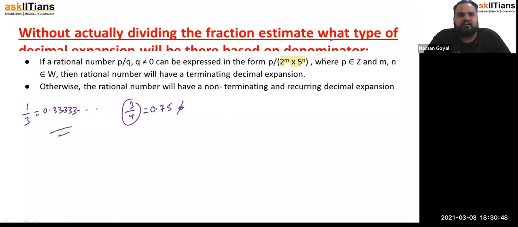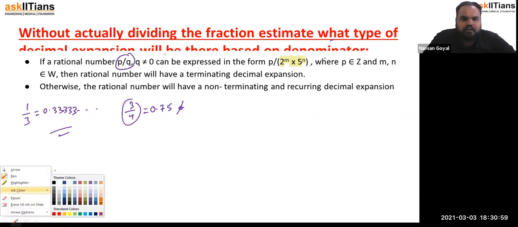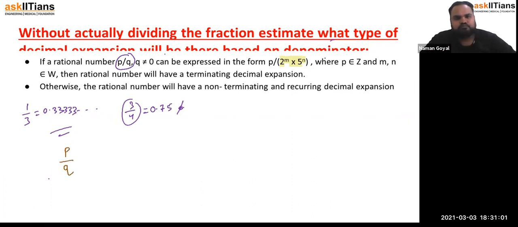Now, if there is a rational number, how do we check it? If we have a rational number in the form of p by q, where q is not equal to 0, देखो अगर हम इसको लिख सकते हैं p upon 2 raised to power m multiplied by 5 raised to power n, where p belongs to integers and m, n are whole numbers, right?